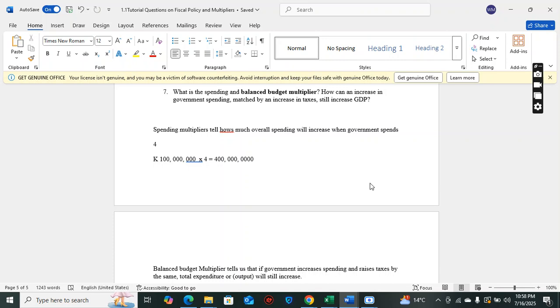Government increases spending and also increases taxes by the same amount, and overall total expenditure or total output will increase. These multipliers, we're going to see them in the calculation questions so that we interpret them easily and properly.